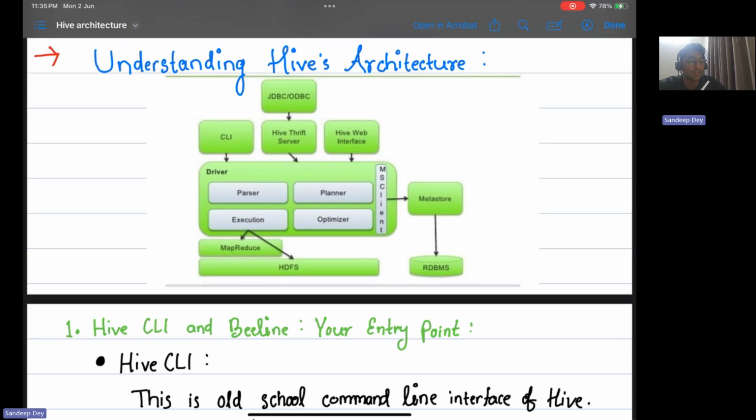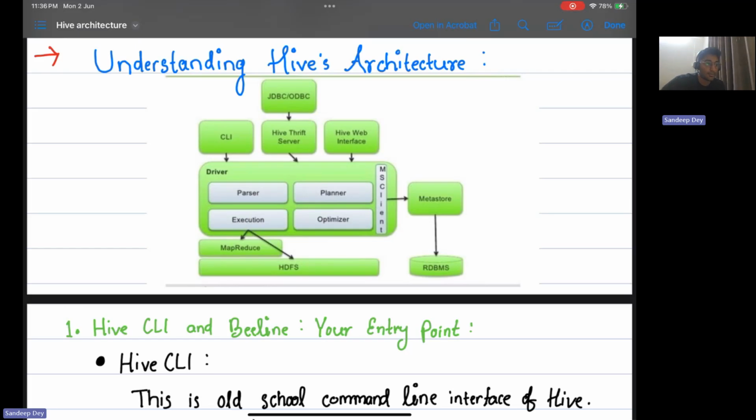The optimizer decides which technique I should use, MapReduce, Spark or Tez, so that we get the most optimized processing of data. Once the processing is complete, the results are fetched and sent back to you.